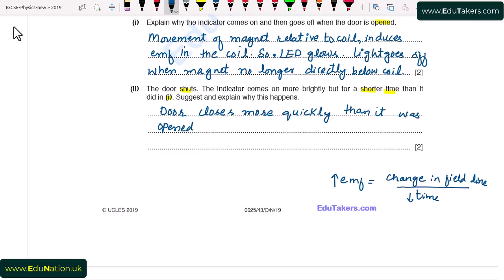So the higher current will be in LED, and the magnet moving in a shorter length of time.